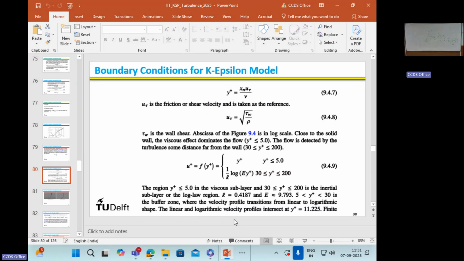Once u tau is known, you can calculate y plus, you can calculate u plus, right? Then the idea is if y plus is less than 5, then u plus equal to y plus. If y plus is greater than 30, then there is a logarithmic relationship. Subsequently, in the buffer zone it tells nothing, right?